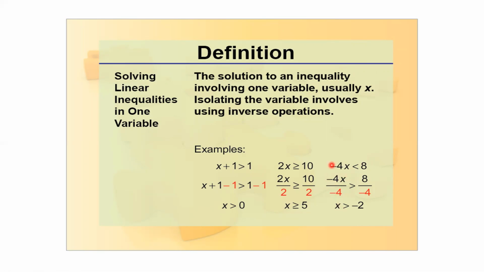So x here is negative, the sign is less than. But now x became positive, that's why I have to change the sign. So the sign is going to be greater than -2. So we have to be very careful with this. When x is negative and we simplify it to get x positive, then our sign also has to change.